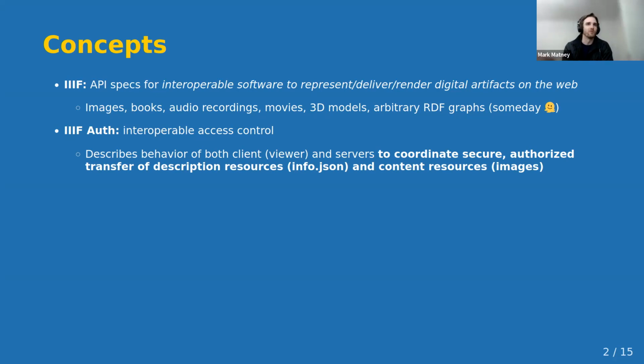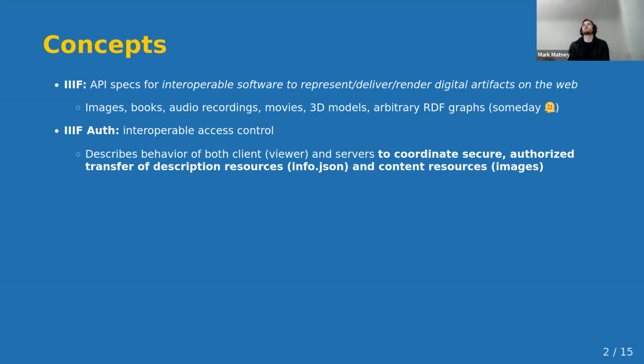So that's like, if you're familiar with the info.json document that an image server like Cantaloupe would return, that shows what sizes a given image is available in, or what its available color profiles are. IIIF auth adds on to that information about its authentication services, and then coordinating that with the content resources that those description resources provide metadata for.